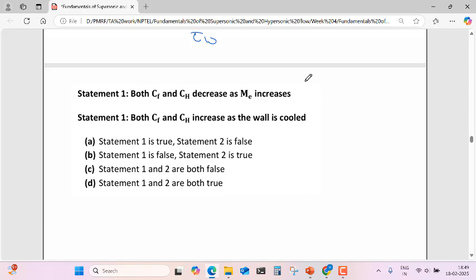Here two statements are given. First one is both CF and CH decrease as Mach number M increases. And the second one is both CF and CH increase as the wall is cooled.